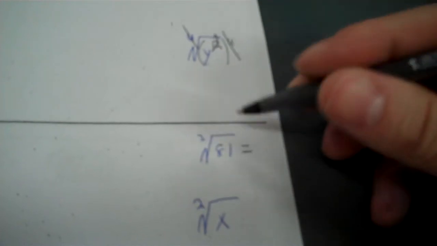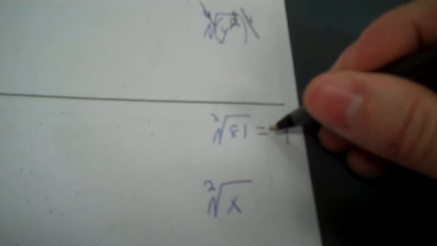Okay, now I have a number, an actual number to find. It's not a variable, so I figure that out on my calculator. So I go 2nd, above the x squared, 81. That's 9. Okay. That's an even, so it could be positive or negative 9. And I don't need to worry, I don't need to put plus or minus in front of variables, okay?